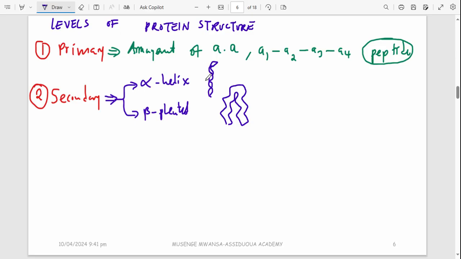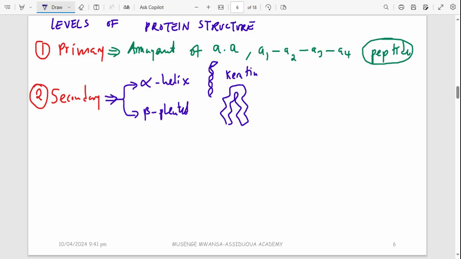For alpha helix, an example that we can talk about is keratin. Keratin is alpha helix. It's an important one. This keratin is found in hair, in nails, in the beaks of birds. That's where you find the alpha helix.